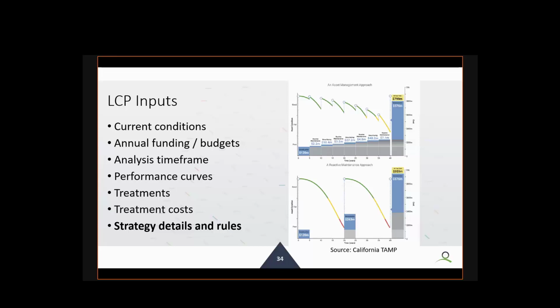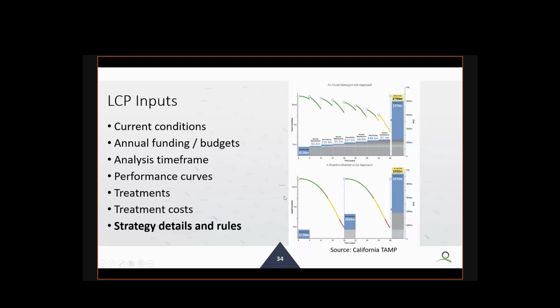But you'll also have needs that, if you delay them for a year, are still in the same window of opportunity, right? So ideally, you would have enough funding and treatments identified for each life cycle stage that you can address each pavement within its current window of opportunity and keep it from deteriorating further.